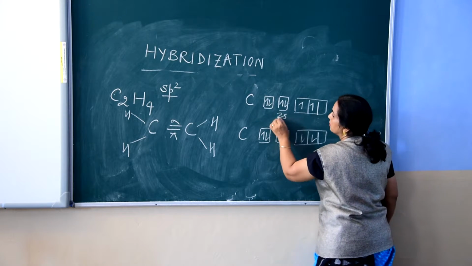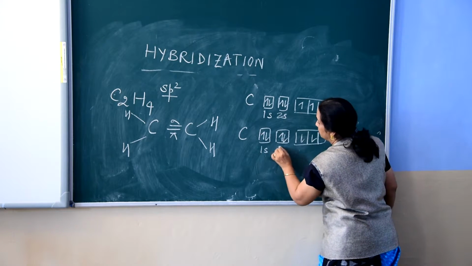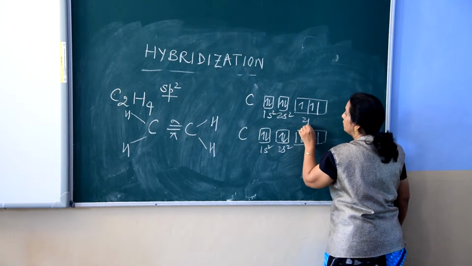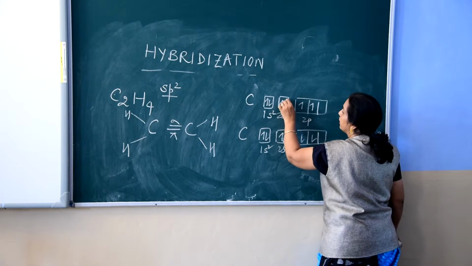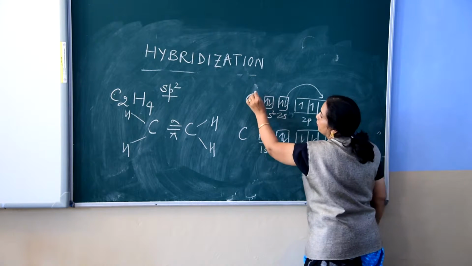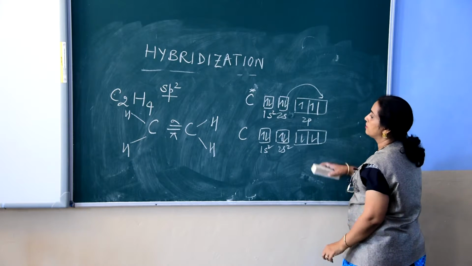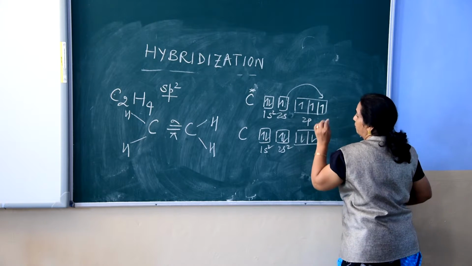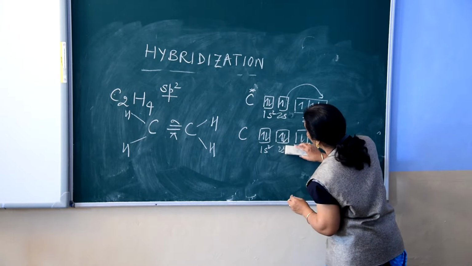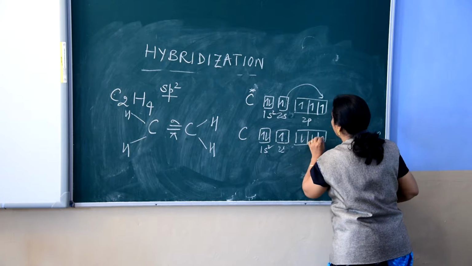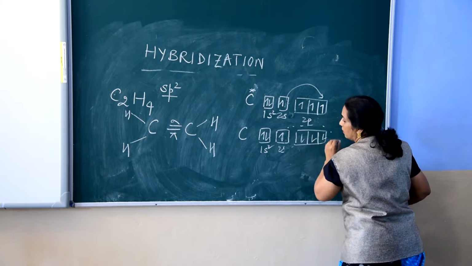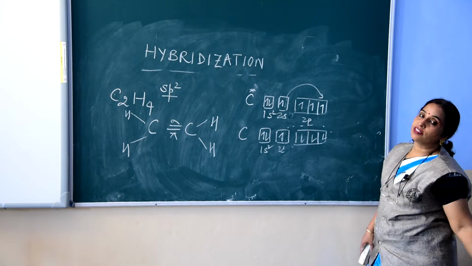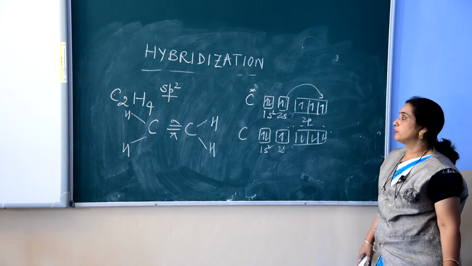If the 2s electron is excited to the 2p shell, this electron comes here and we get carbon in the excited state. Similarly, for the other carbon also, this electron comes over here and we have 4 unpaired electrons in both the carbon atoms.